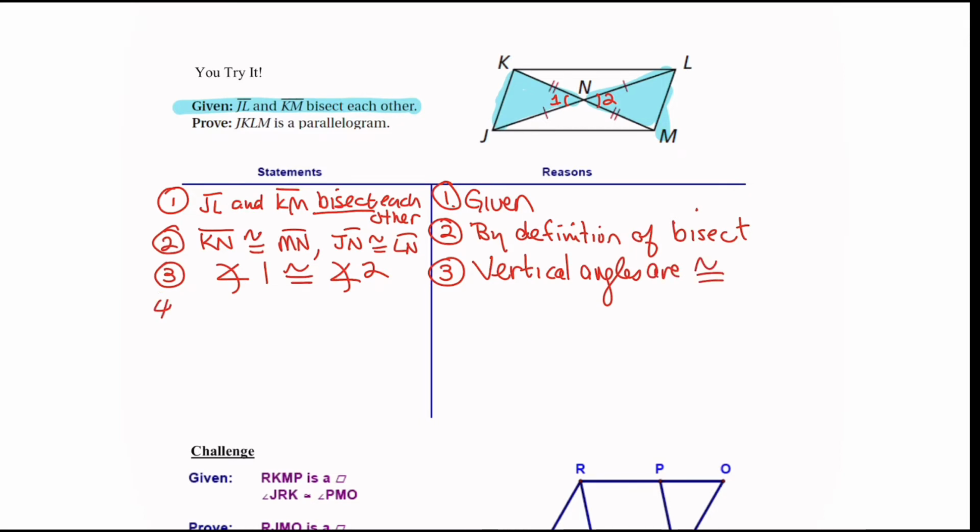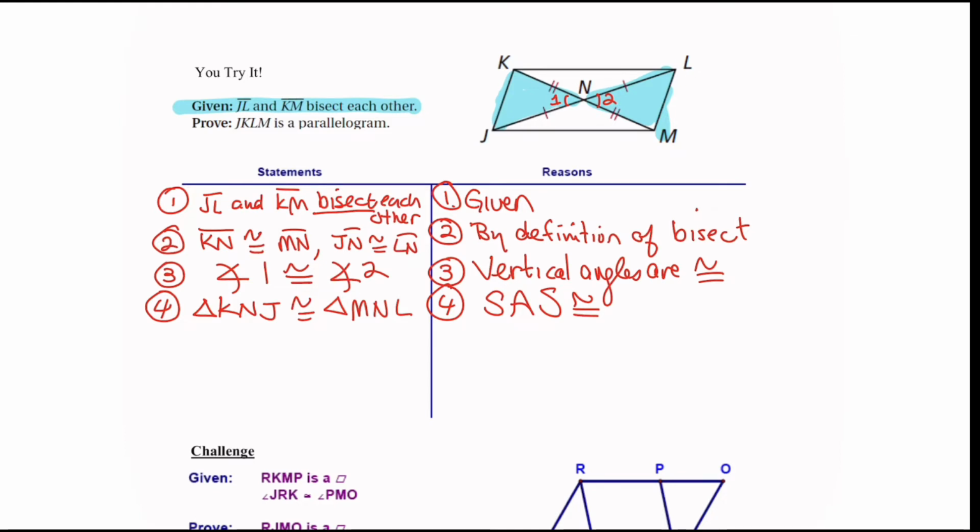And so because of that fact and the other facts we just stated, we now have enough to say that triangle KNJ is congruent to triangle MNL by side angle side congruence.